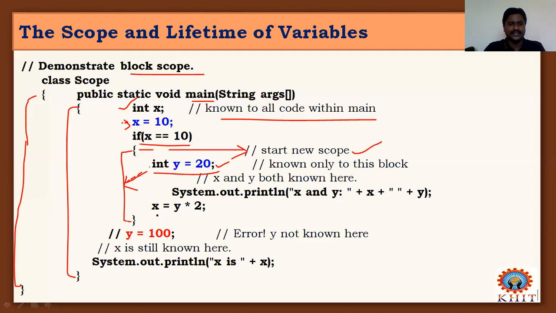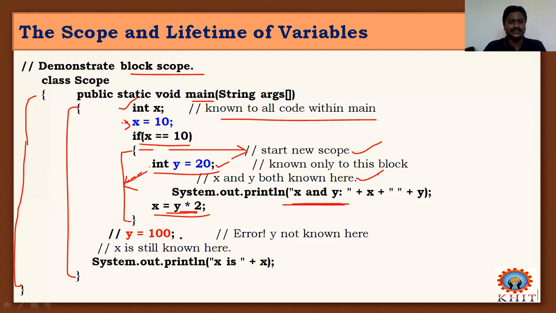Here x and y both are known, so we can print the x value and operate on it anytime. You can change the value, you can perform operations on this variable here, because x is visible inside this scope. Why? Because this scope is an inner scope of the main scope. So x belongs to the main scope, so it can also be accessed inside the if condition scope.